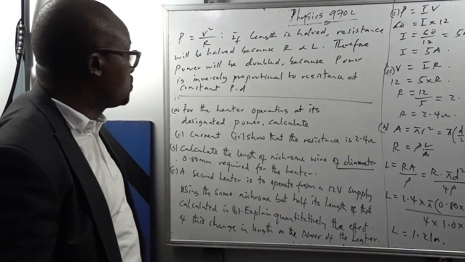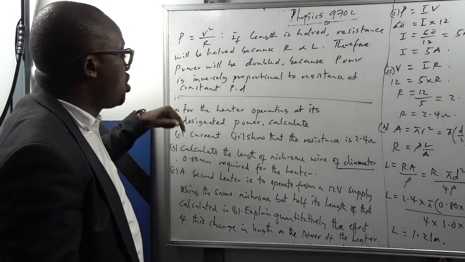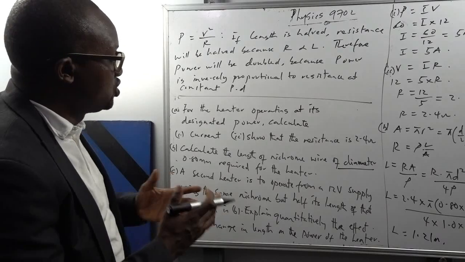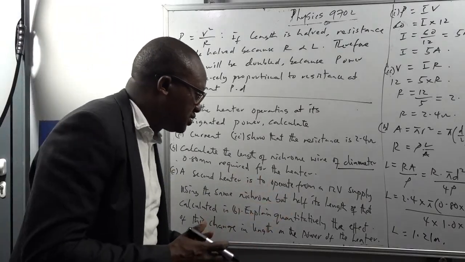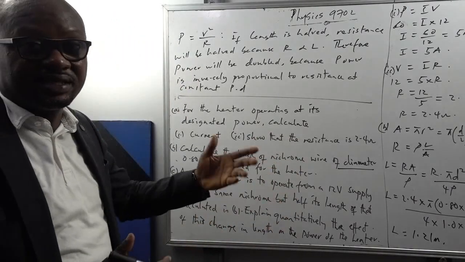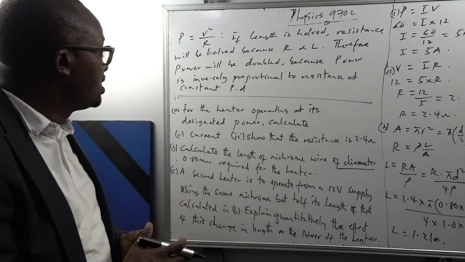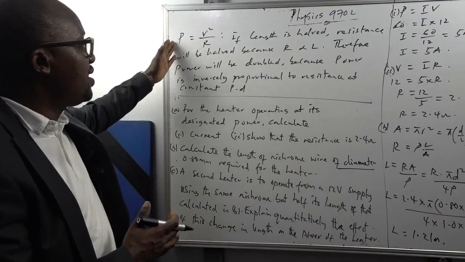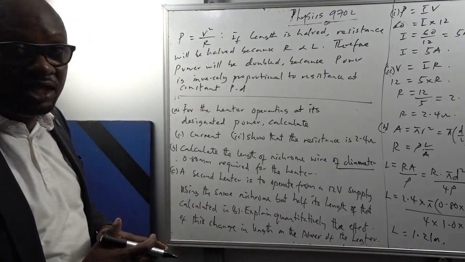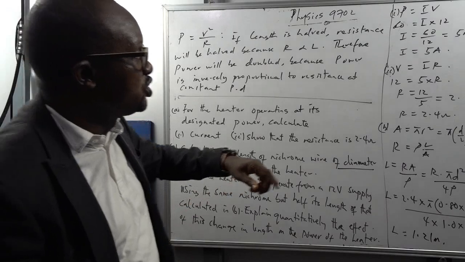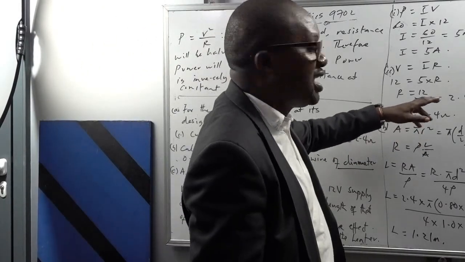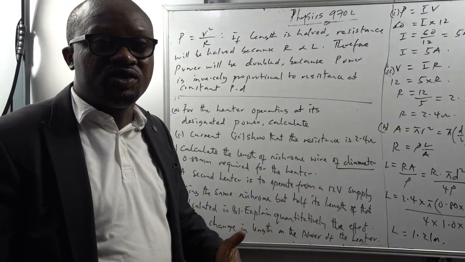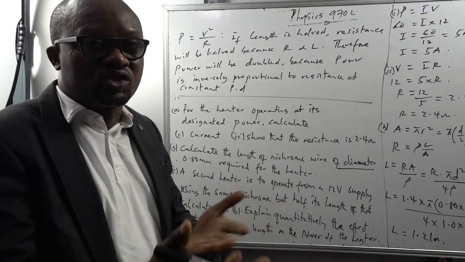So the answer to this question is that the power will be doubled, but you cannot just arrive at that. According to what I've explained, changing the length is going to affect the resistance, directly proportional. So we are now looking at what equation explains how power changes with resistance. The third quantity must be a constant. So I cannot use P is equal to I squared R, because if you change resistance, you don't know what is constant there.